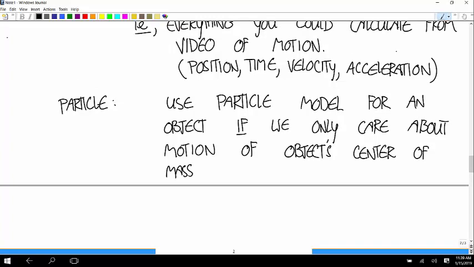And if we only care about the motion of the object's center of mass, that means that we don't care at all about the orientation of the object. So we don't care if it's spinning or anything like that. Okay?